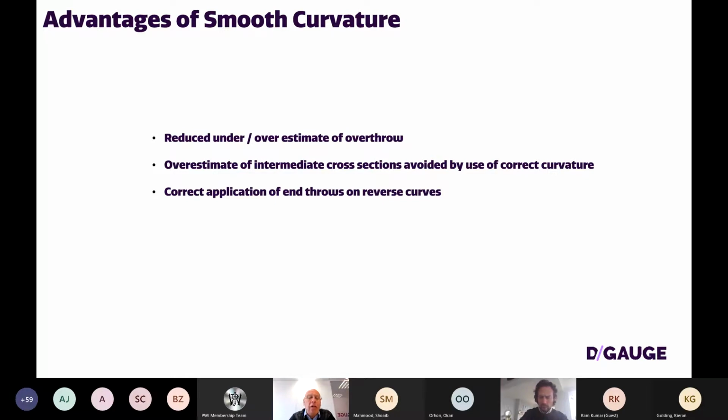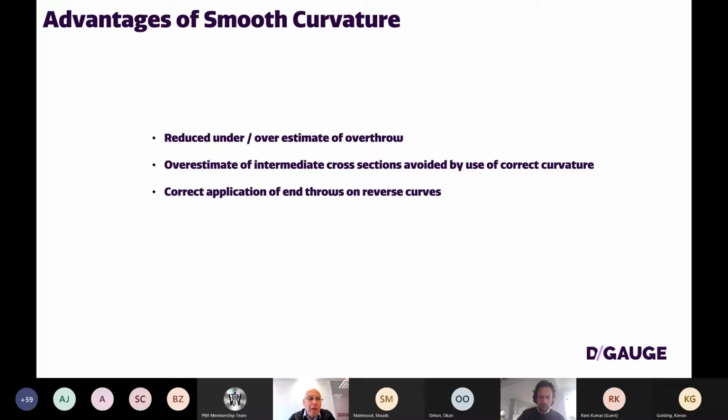So the methodology that we're looking at here, and which we hope to implement in the software that we produce, is to apply overthrows according to the correct radius for every cross section of the vehicle, not just one radius at the beginning and one radius at the end, and then apply the cross sections according to the overthrow they developed, as potential increases in width or semi-width of the vehicle in the right direction.